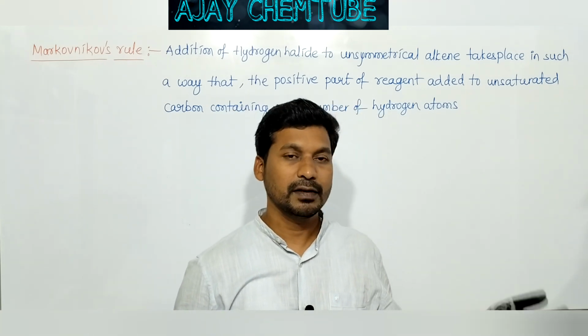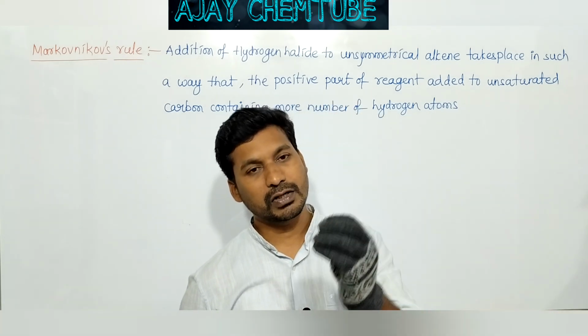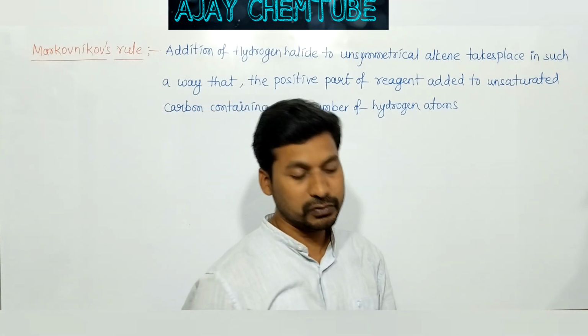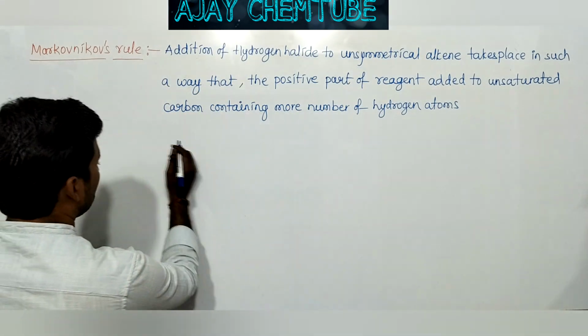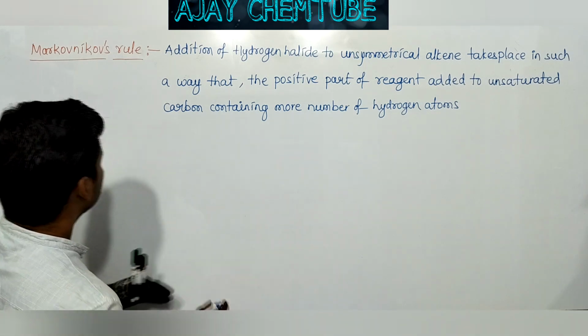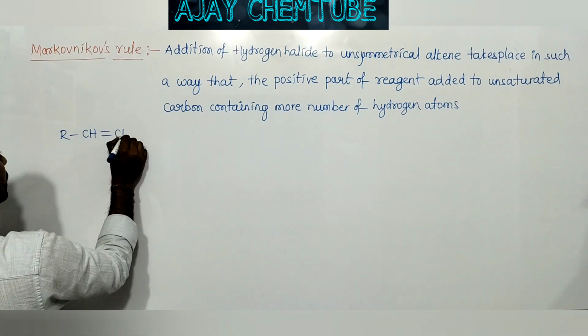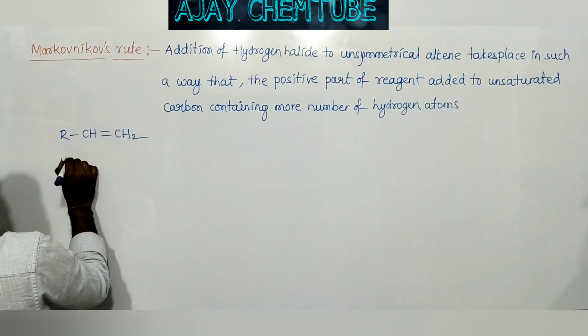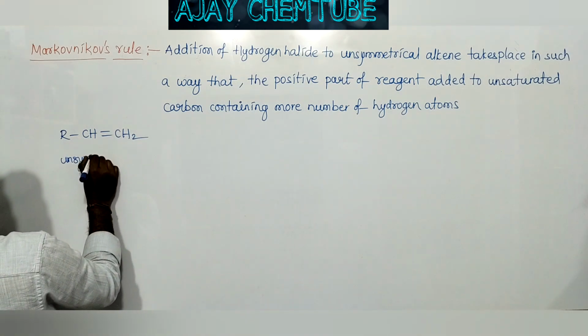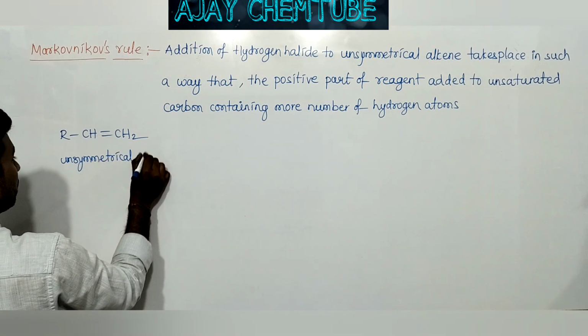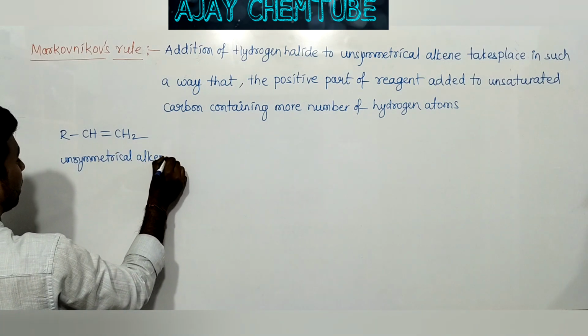That means the negative part is added to the unsaturated carbon containing less number of hydrogen. That is Markovnikov's rule. Already I have written the reaction, RCH double bond CH2. This is an unsymmetrical alkene, because both carbons are not the same.